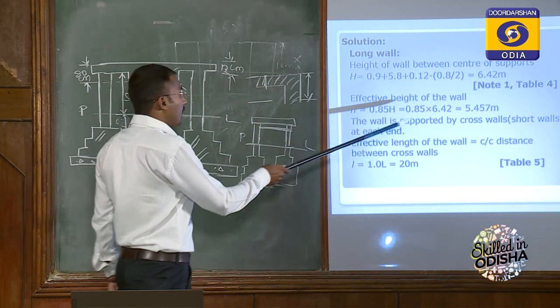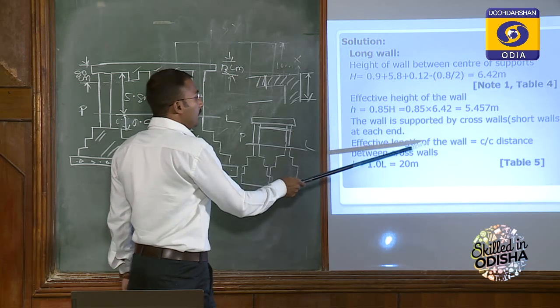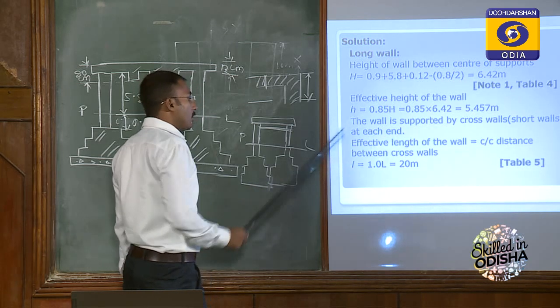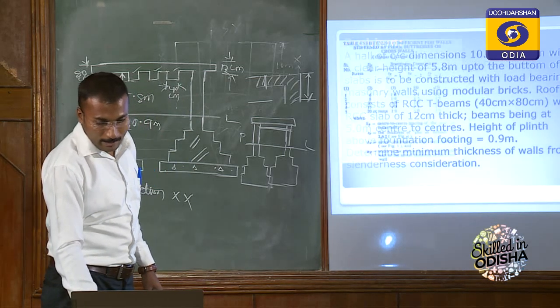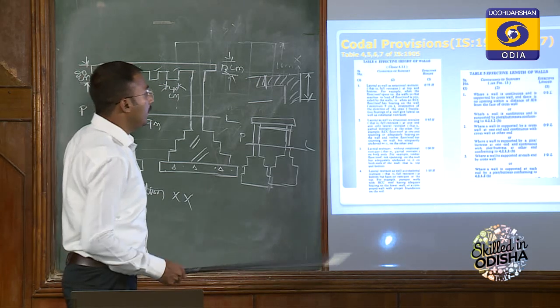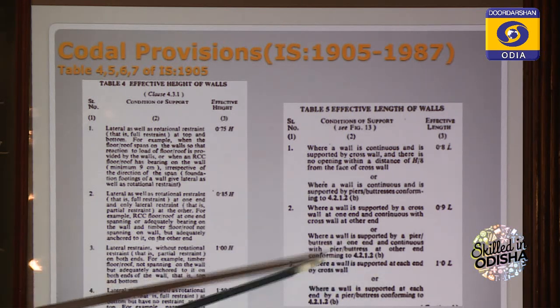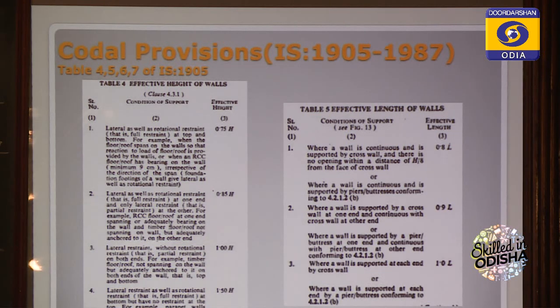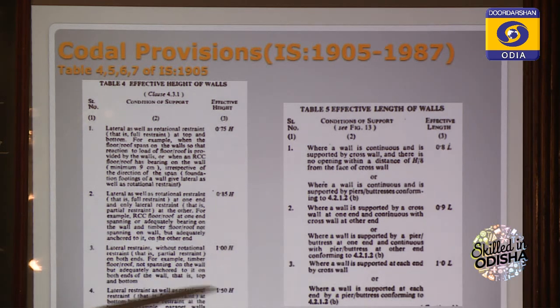So the wall is supported by cross walls at each end, and the effective length of the wall is the center to center distance between the cross walls, and the code suggests in table 5 how to calculate the effective length of the wall. And you can see here where a wall is supported at each end by cross wall. So from the problem statement we know that the wall is supported at each end by cross wall, and for cross wall the effective length is 1 L.